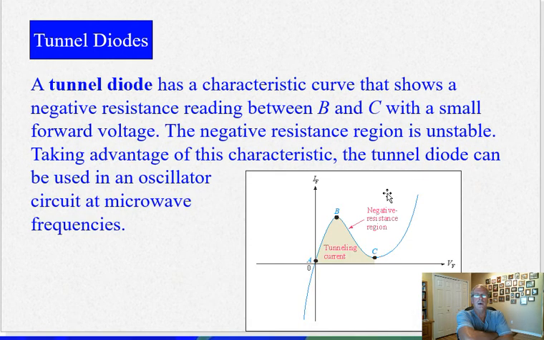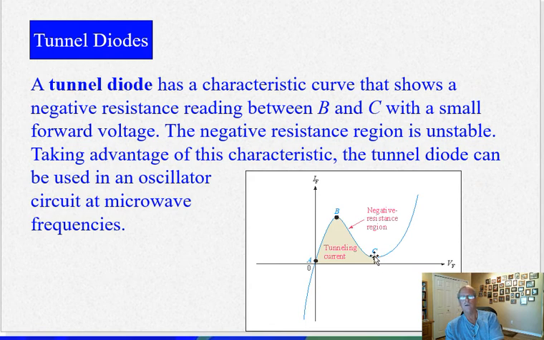Here's a fun diode, a tunnel diode. This is used in a lot of RF circuits. Notice there's a negative resistance region right here, and then it bottoms out, and then it starts going back up again. Well, it turns out that point C here is the point of lowest resistance.